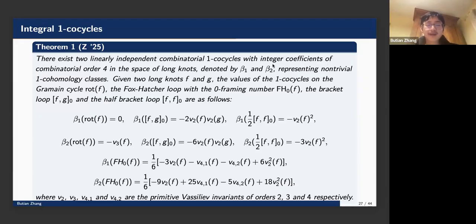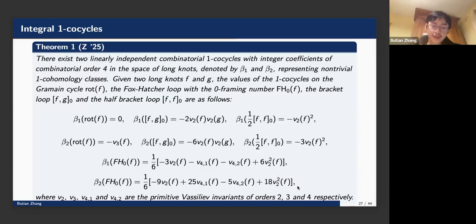These two one cocycles we call beta 1 and beta 2, and their values on the loops that we described earlier are as follows. Here, V2, V3, and V41, V42 are the Vasiliev invariants, or the finite type invariants, of order 2, 3, and 4, respectively.